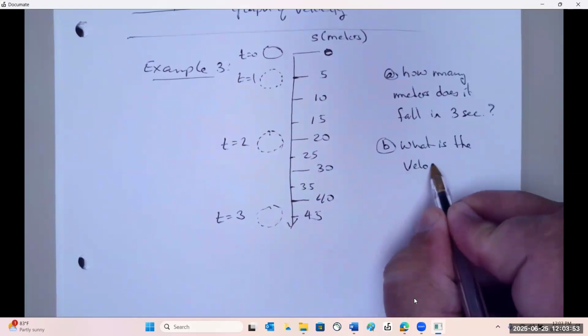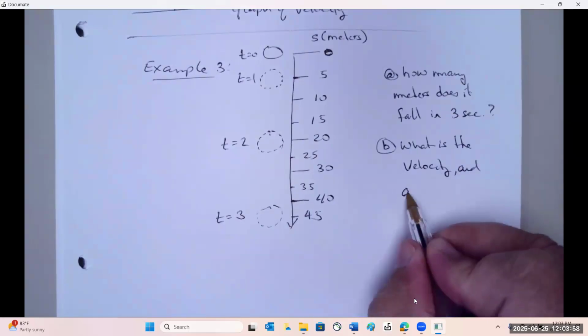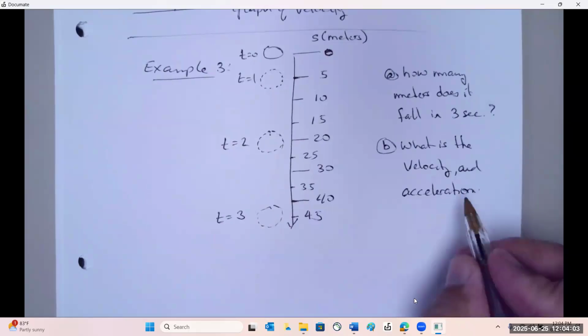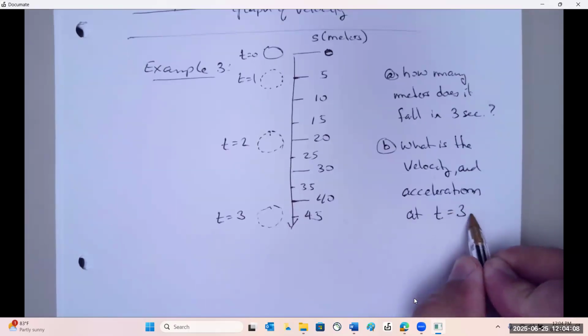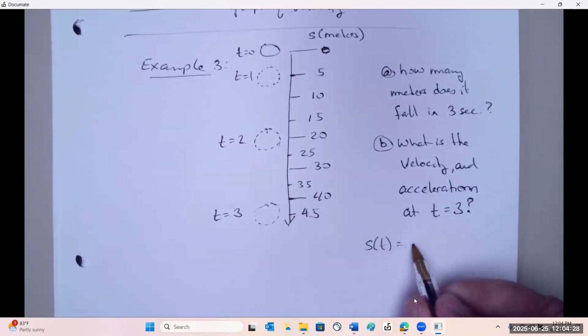What is the velocity and acceleration at t equals 3? Okay, since it's a free falling object, the position function is given by this.